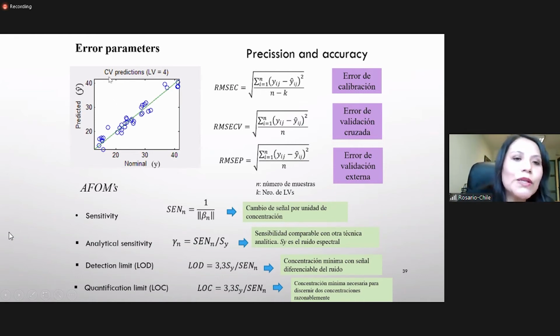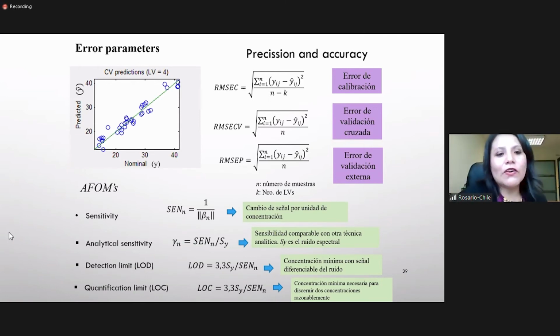We usually plot the real or nominal concentration against the predicted concentration to see a correct relationship. Having all points exactly on the line is not usual in multivariate calibration, because if we see that, the model is overfitting. It is a good calibration, but not necessarily a good predictor. We need good prediction abilities, and the models have to be robust.